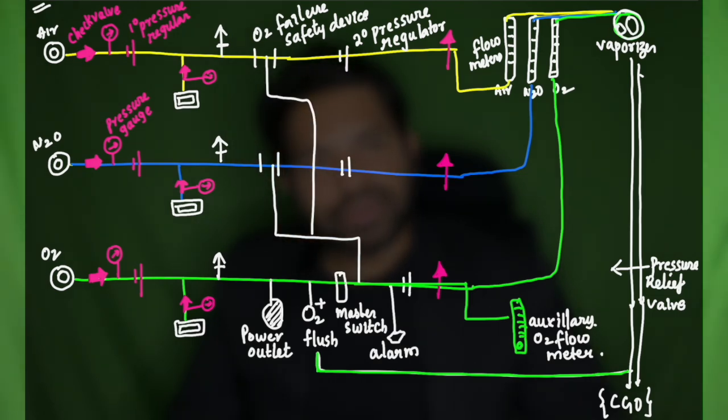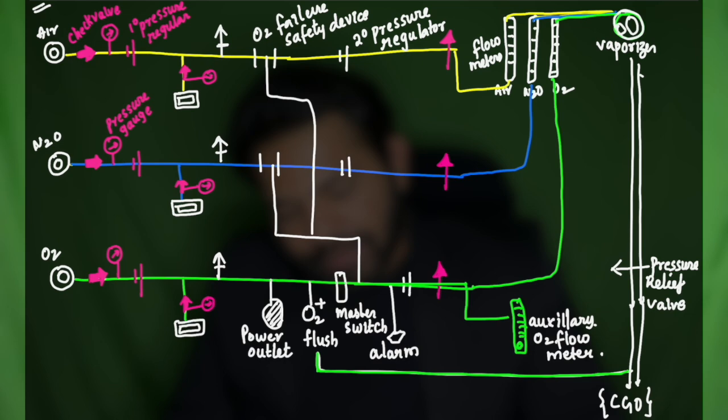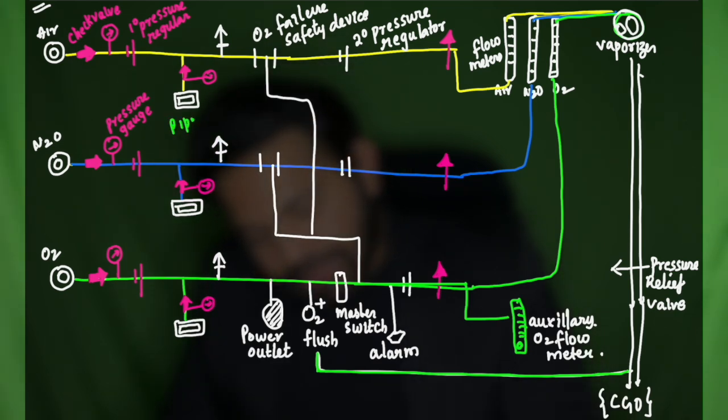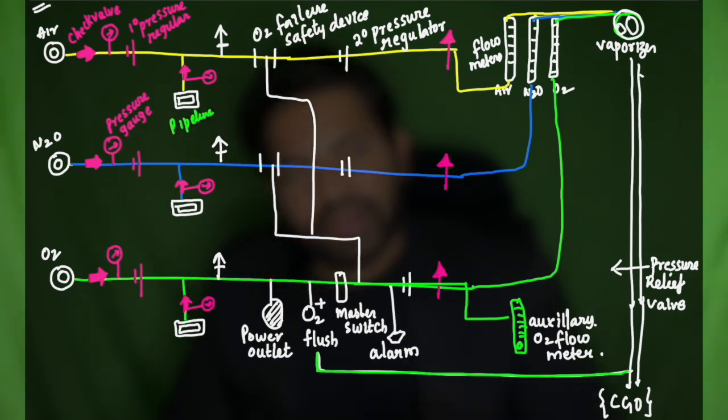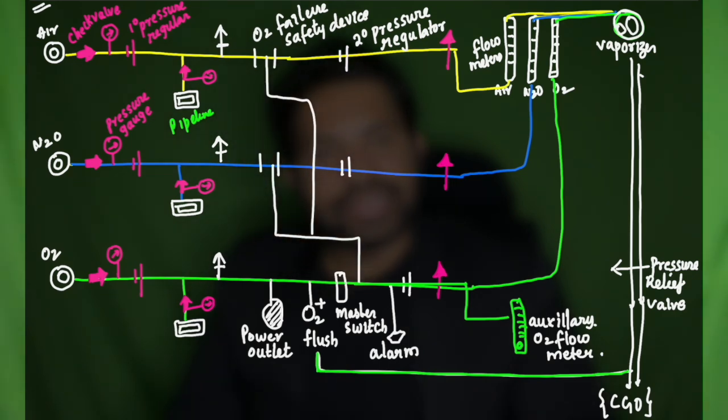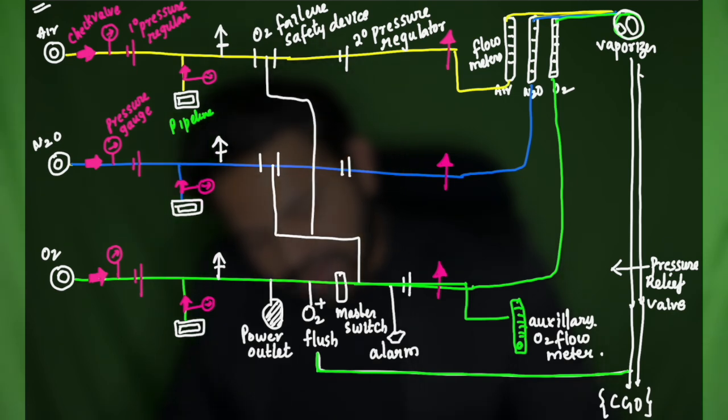So air, nitrous oxide and oxygen. Then there are check valves. There is a pressure gauge. There is a primary pressure regulator which is similar for all the gases. Then there is a pipeline connection. This is the pipeline for all the gases. Then there is also a check valve and pressure gauge for all the pipelines also. Alright.